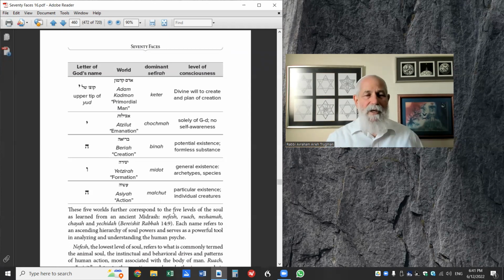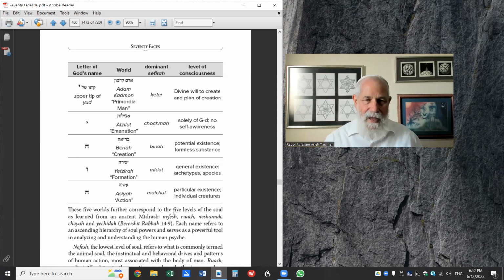So here, what we're looking at is one of the most important models in Kabbalah, where there's a correspondence between the letters of God's name and what are called the Kabbalistic worlds. And those Kabbalistic worlds correspond directly to the Sefirot, and each of the Sefirot and each one of the worlds is hinting to a level of consciousness.